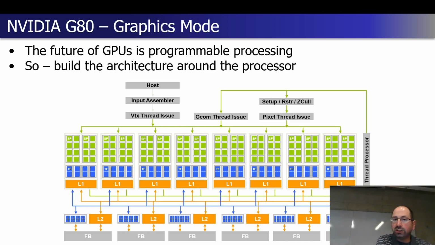If the future is just programmable processing, then it's the individual processing cores themselves that are paramount. And so this is still a rasterization view of the G80 architecture, but this is it with the unified shader cores in place. And that's what these little green boxes are meant to look like here.